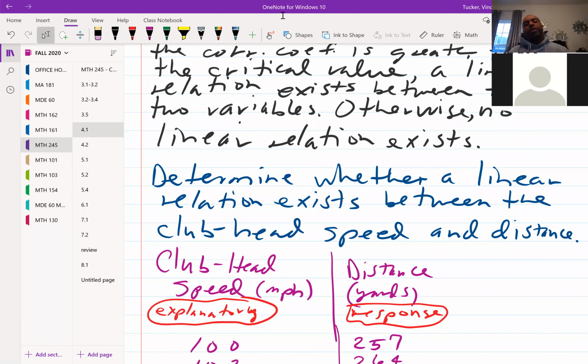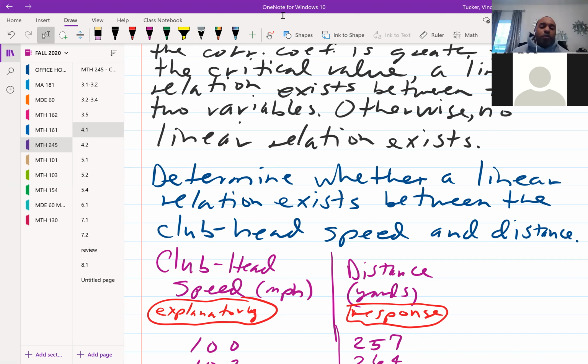So our example here, determine whether a linear relation exists between the club head speed and the distance. So you're talking about a golfer swinging a golf club, and the club head speed is how fast he's swinging that club, and then the distance is how far the ball travels.